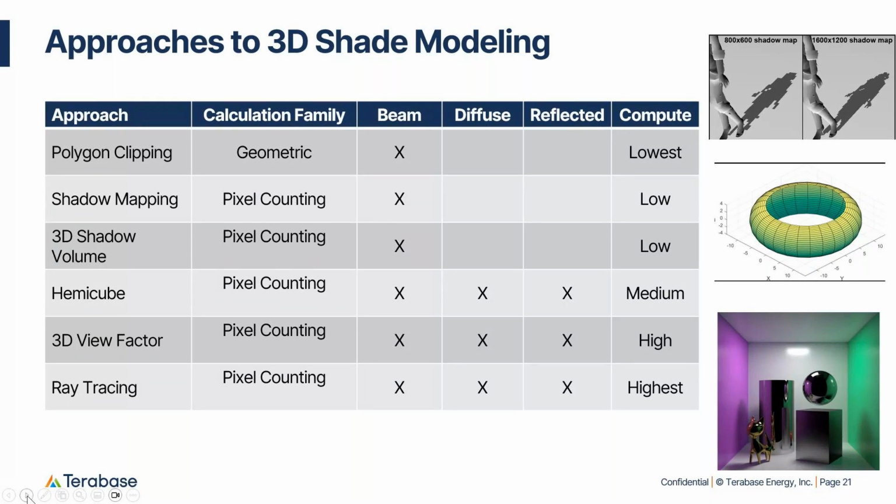Some of the pixel counting methods are also attractive because they inherently give you the diffuse and reflected components, such as ray tracing. But it comes with a computational cost, so we have to weigh the increase in fidelity versus the compute speed. Let's go to the next slide.